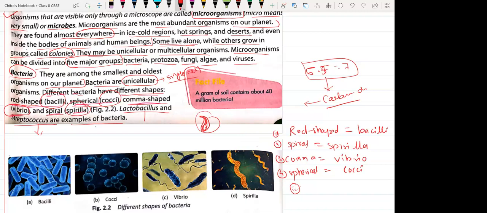Here a fact file is given. We have to go through that. A gram of soil contains about 40 million bacteria.